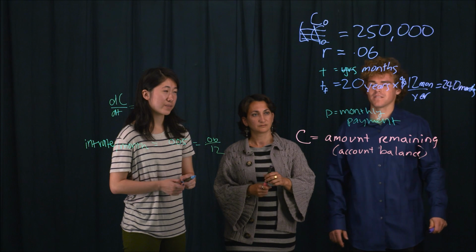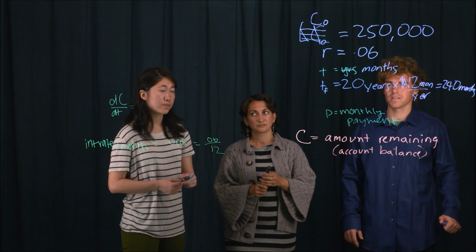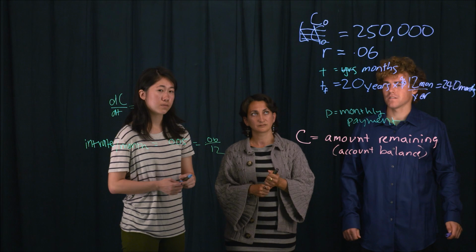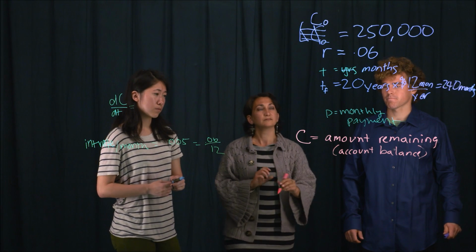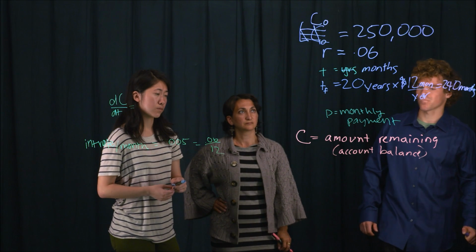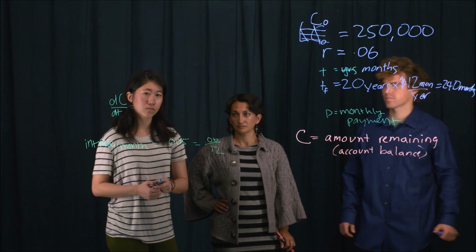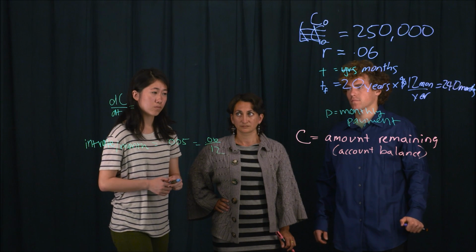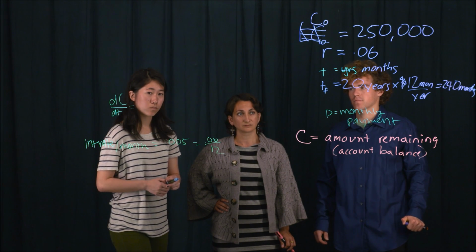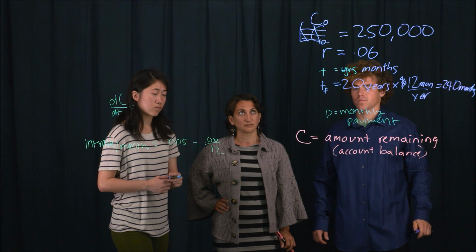So the rate of change of balance is equal to two things: the interest that gets added monthly, and also the monthly payments that we make on the account balance. What Emily wrote, dC/dt, shows the rate of change of account balance, but that's equal to two things. Can you figure out what those two are?